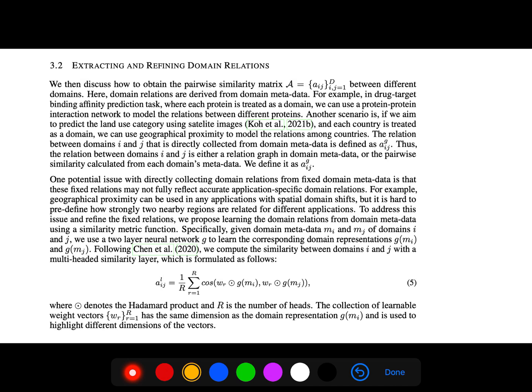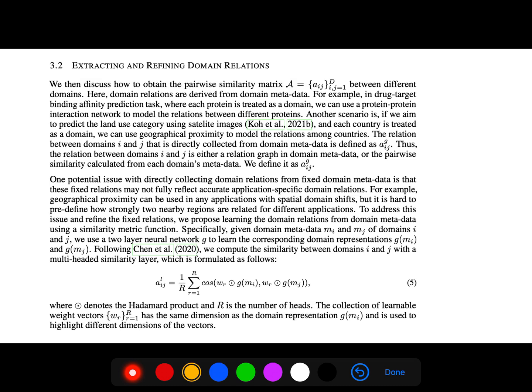To address this issue and refine the fixed relations, it proposed learning the domain relations from domain metadata using a similarity metric function.